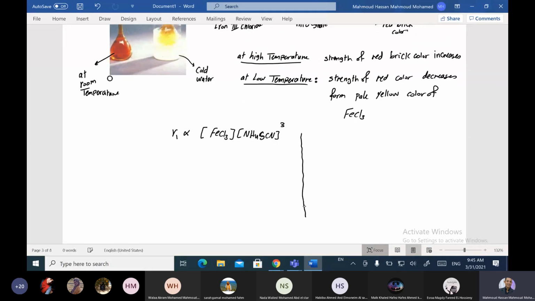And the backward rate R2 is directly proportional to the concentration of the products FeSCN raised to the power 1 and NH4Cl raised to the power 3.